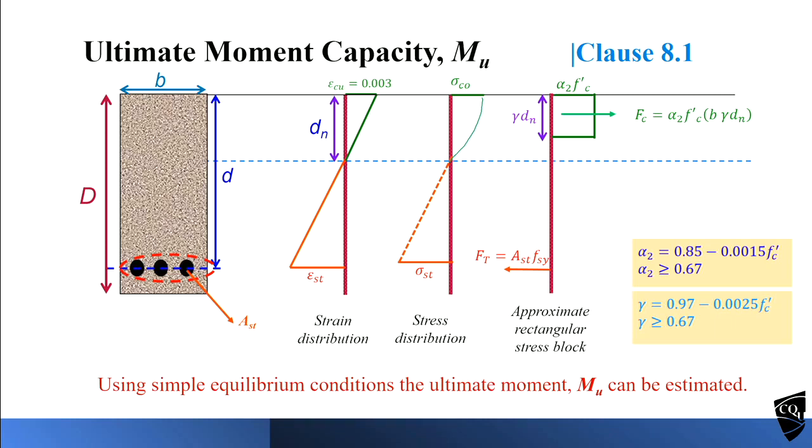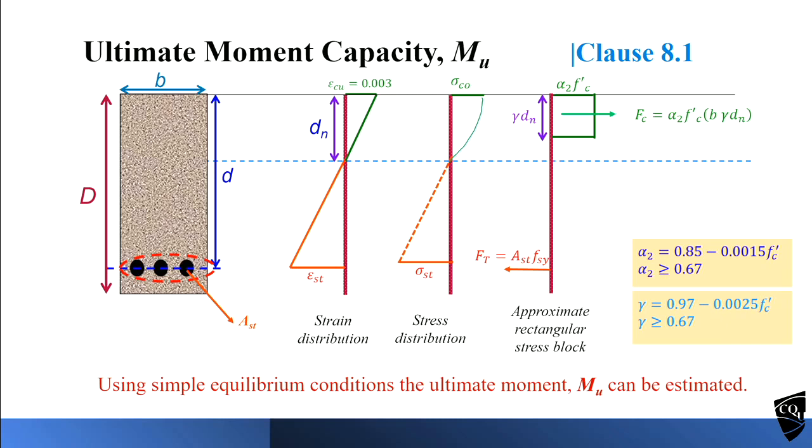When you calculate this capacity, there are some standard terminologies. Capital D is the overall depth of the beam from the top to the bottom. That means from the top of the compression zone to the bottom of the tensile zone. That is called the overall depth.